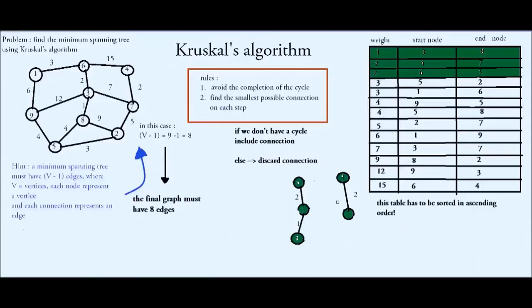Now once we've got this completed, we are going for the next one here with the weight of 3 from 5 to 2. So weight of 3 from 5 to 2, this is this lower one, and as you can see, you can add it without a problem because this is still not creating any connection. So let's just add it up like this.